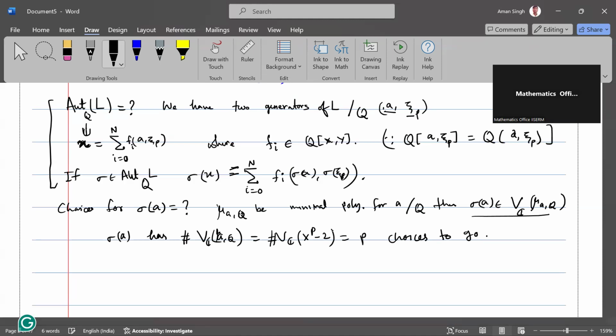What are these choices? Explicitly, sigma of a belongs to a, a zeta_p, a zeta_p squared, and so on, a zeta_p to the power p minus 1. So it has p choices.